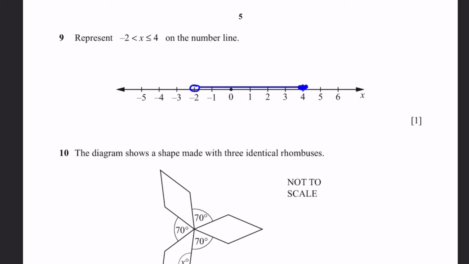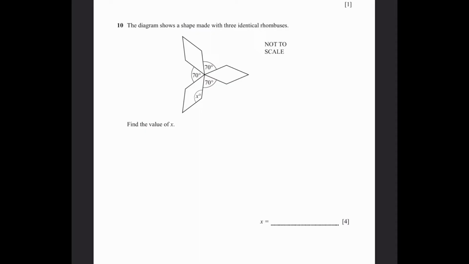Let's go to question 10. The diagram shows a shape made with three identical rhombuses. Find the value of x. Well, we can find this angle here because the three rhombuses are identical, and when we add all of this up, it's 360. Let's call this y. So 3y plus 3 times 70, 210, is 360 degrees. So 3y is 150 and y equals 50 degrees.